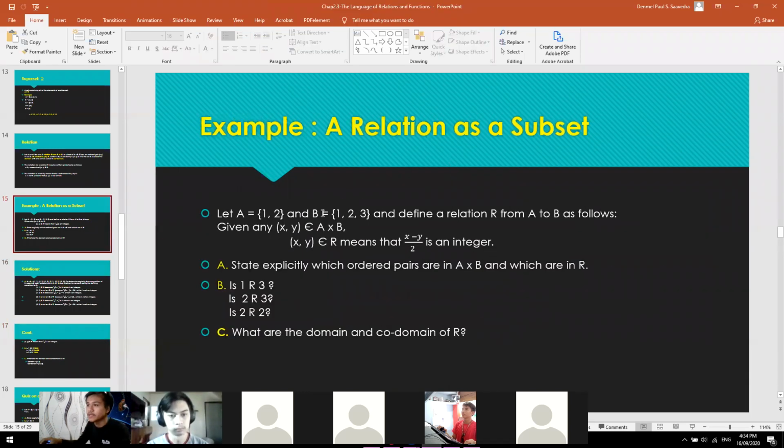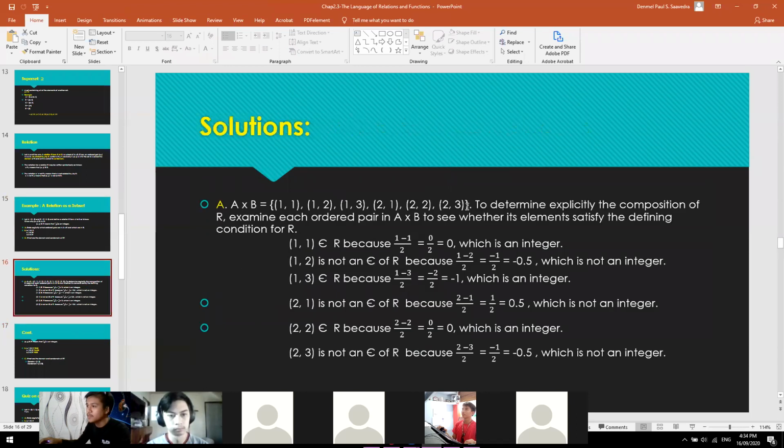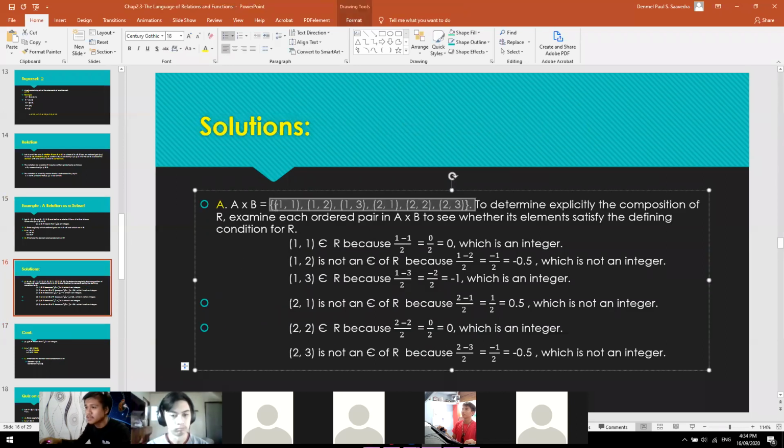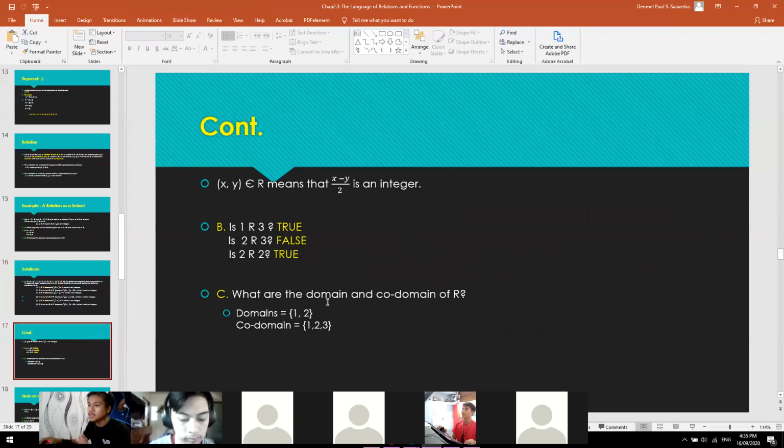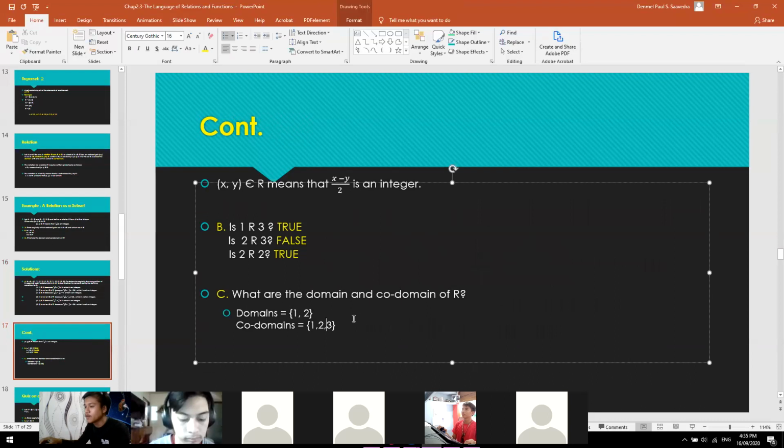Or you can base it on this one, but it takes longer. Just take all the elements that come first: 1, 1, 1, 2, 2, 2. There are many repeats, so the domain here is just 1 and 2. For the codomain, just take the second elements: 1, 2, 3, and then 1, 2, 3 again, which leads to this. So the domains or the X are 1 and 2, and the codomains are 1, 2, and 3.